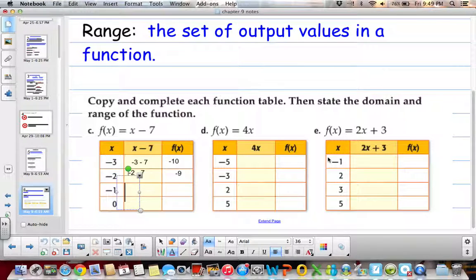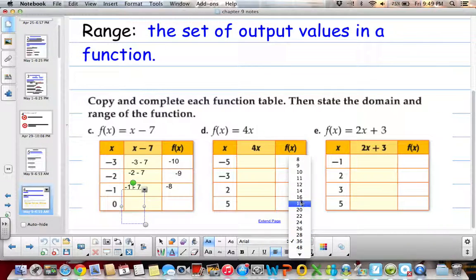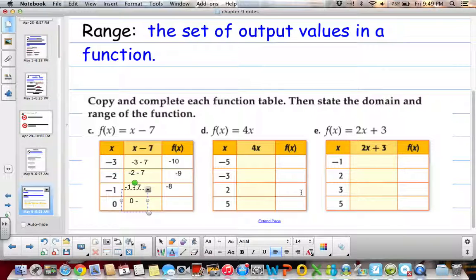Then we have negative 1 minus 7, and we get negative 8. And then we have 0 minus 7, and we have negative 7. They're not lined up correctly in a row.